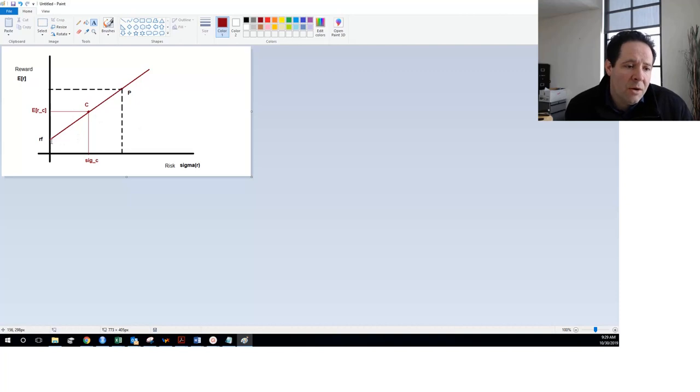The way to think about this capital allocation line is that if you want to have all of your money in the risk-free portfolio, you put 0% in the risky. So that fraction of money that you put in is 0%, which highlights the risk-free point. 100% would highlight the risky point.